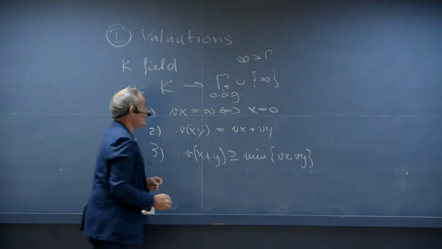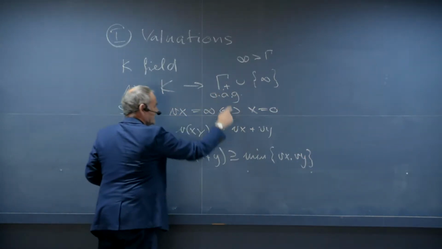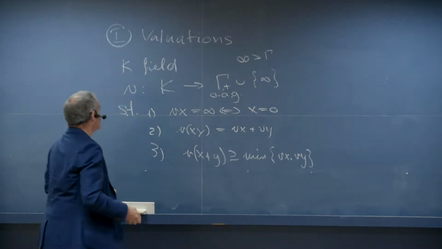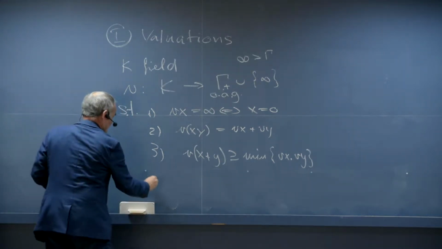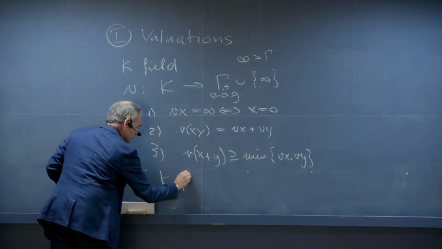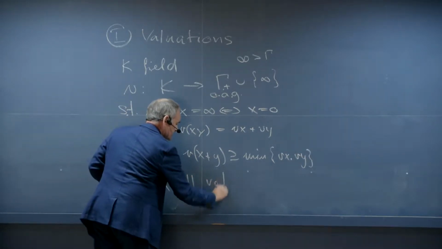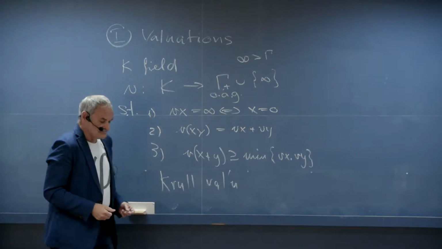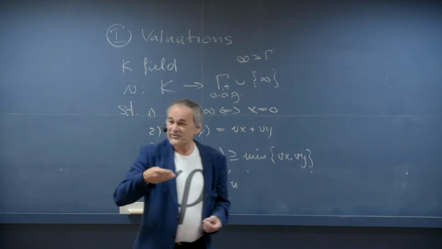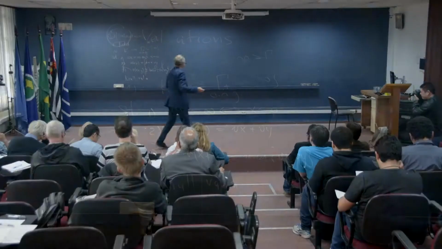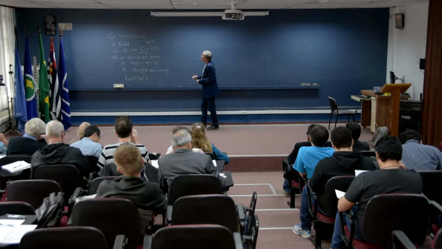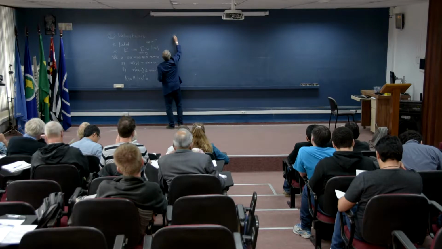Writing this additively and the triangle inequality in this way means that I have a Krull valuation, what we usually call a Krull valuation. And that's the first name that coincides with our first talk, Wolfgang Krull, who did a lot for valuation theory.